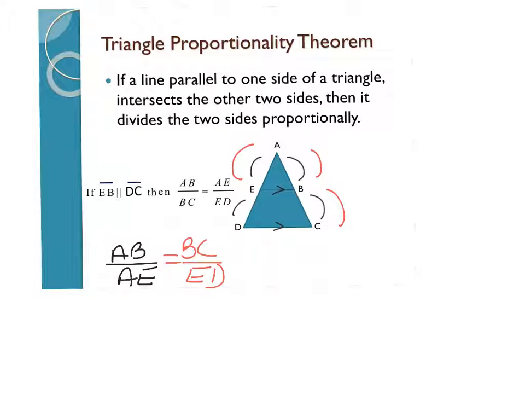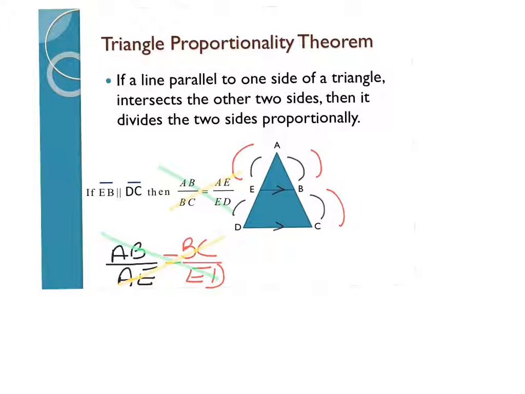So the two tops in the same fraction and the two bottoms. Notice when I do the cross products here, I'm multiplying AB times ED, and then the same thing on this cross product, BC times AE.